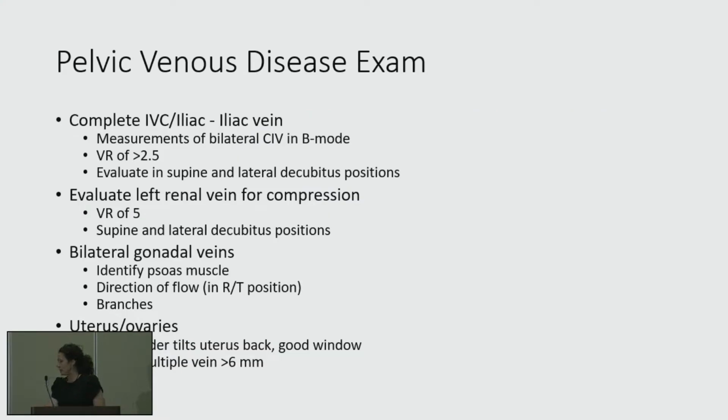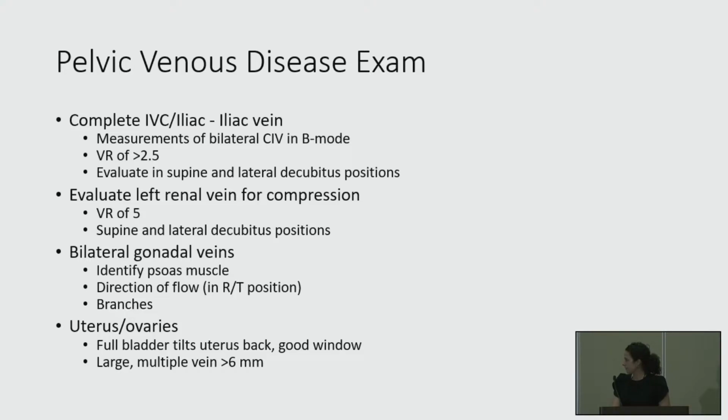So in recap, the things that we'd be looking for to rule out or identify compression within the iliac veins, along with the left renal, we're looking for a velocity ratio of 2.5 in the common iliacs to be considered a significant stenosis, and 5 in the renal vein. So check those veins supine and lateral decubitus. Confirm that the compression is still there. You want to still identify both of the gonadal veins.